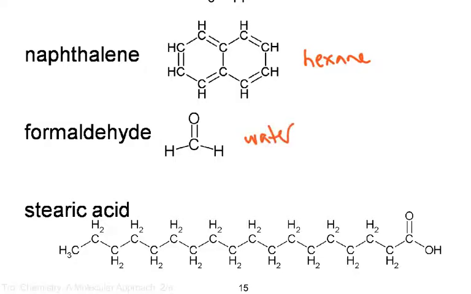And then stearic acid here, it does have a carboxylic acid at the end, but there's a whole bunch of carbons. Generally, one oxygen can pull 4 carbons with it. And so you can see there are far more carbons than that little group can pull. And so that's going to be more soluble in hexane.